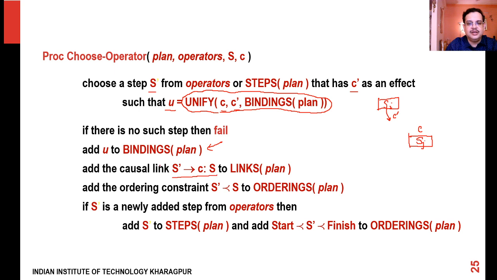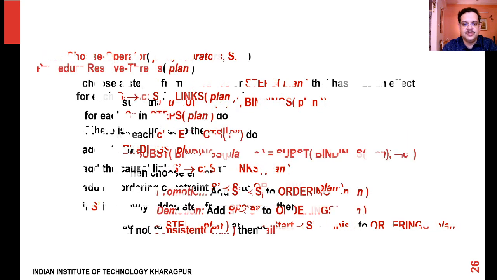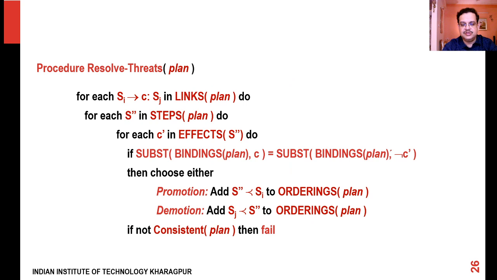Now under the binding U, this C dash, that is if I use U on this one, then I get C. Okay, so that's why it satisfies the precondition of Sj. So this is the step that we need to take whenever we are dealing with uninstantiated variables as the consequences and as the preconditions of plans.